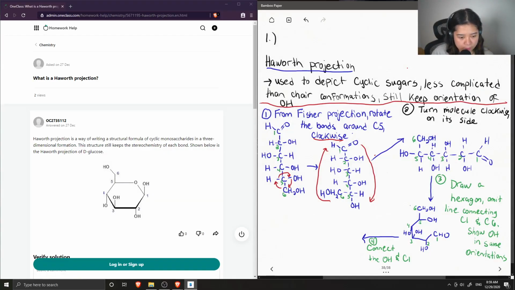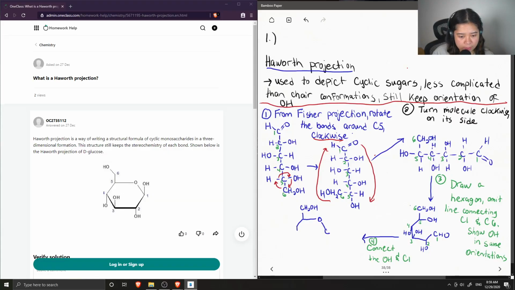So now we have a proper hexagon. And the rest of them just stay the same.